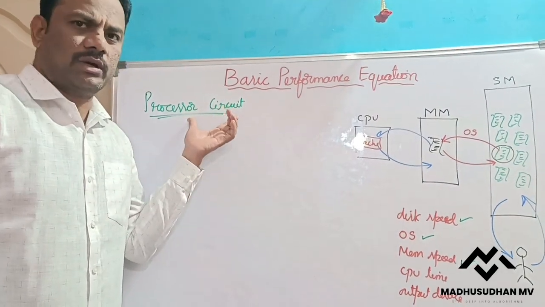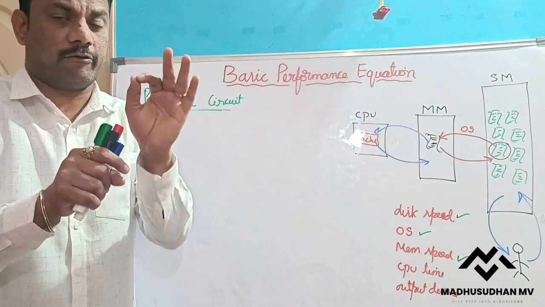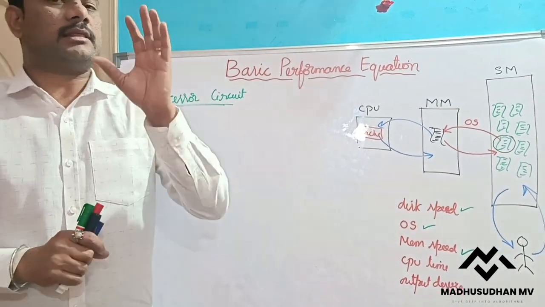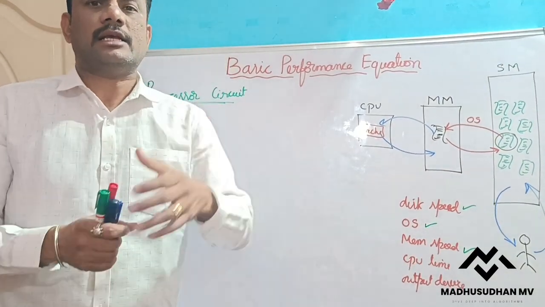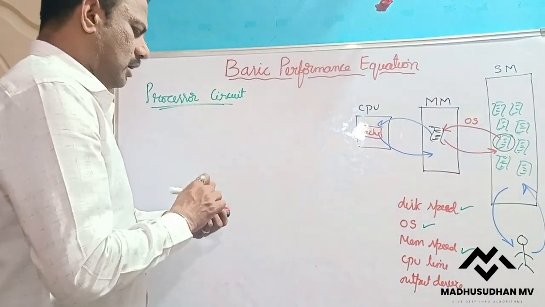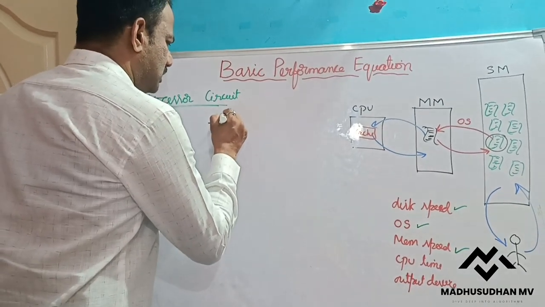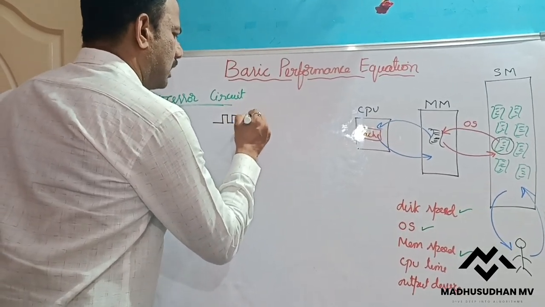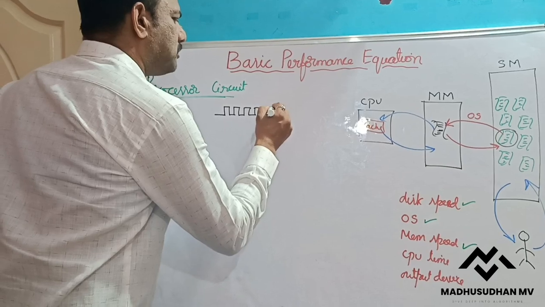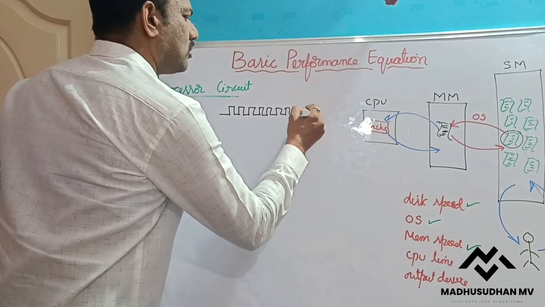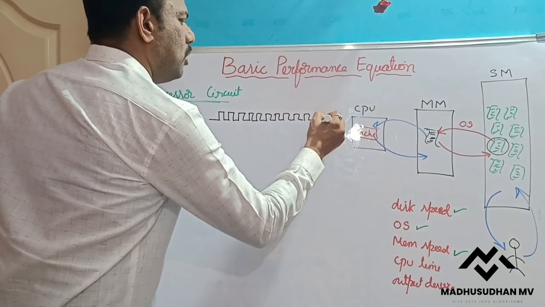Similarly, one circuit is there within the processor of every electronic embedded system. That circuit keeps generating a clock signal. The signal is something like this, I think you people know. It is like this, a clock signal, and it keeps generating continuously without stopping.